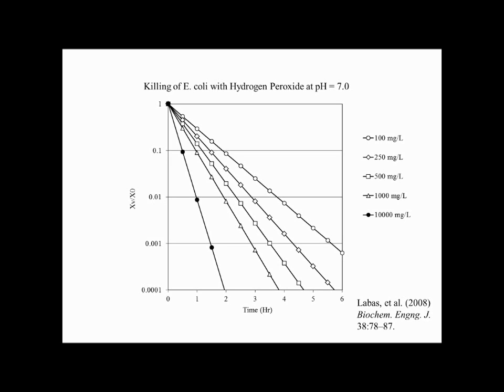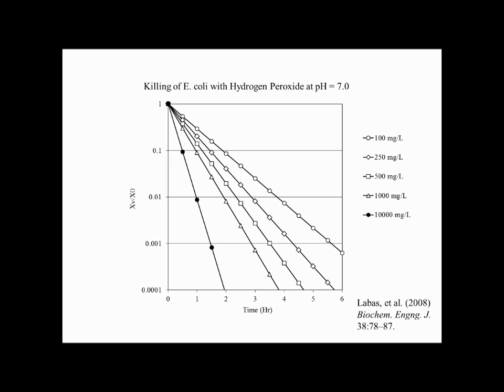And so if you go back to Labasse's model and you plug in values for different levels of peroxide, the model work was done at pH 7, but this is the graph that you get. Across the left-hand side is the log reduction. So if we start off with 1 and we go to 0.1, that's 1 decade reduction. And if we went to 0.01, it's 2 decade reduction, so it's 99% killing.